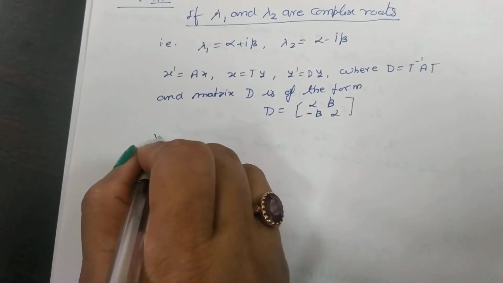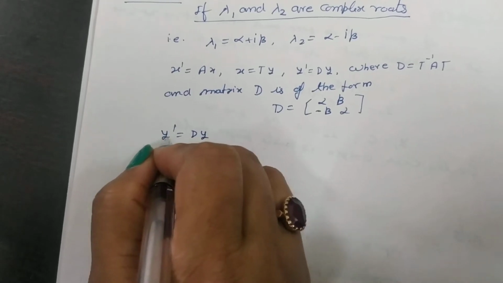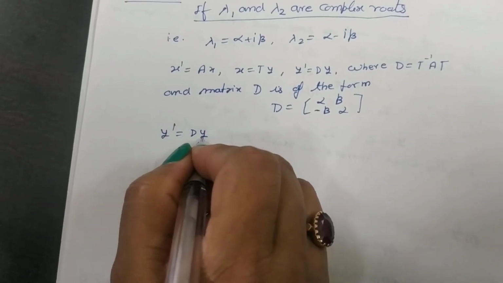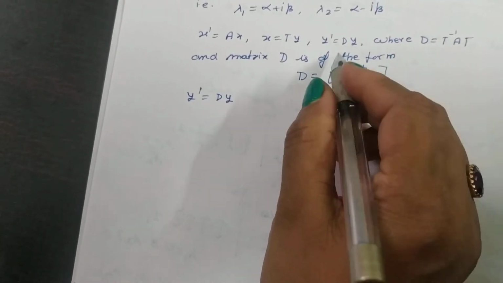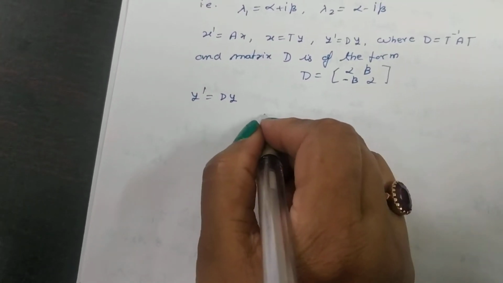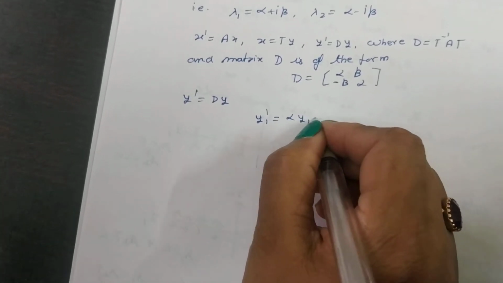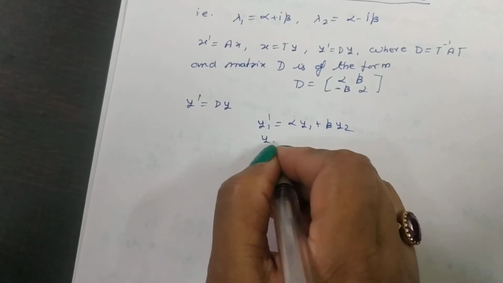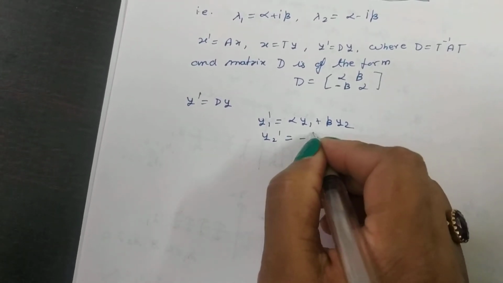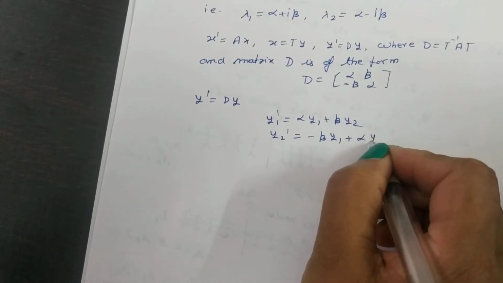Let y dash is equal to Dy. So y dash is (y1 dash, y2 dash), and y is (y1, y2), and D is given here. Operating this, we get y1 dash is equal to alpha y1 plus beta y2, and y2 dash is equal to minus beta y1 plus alpha y2.